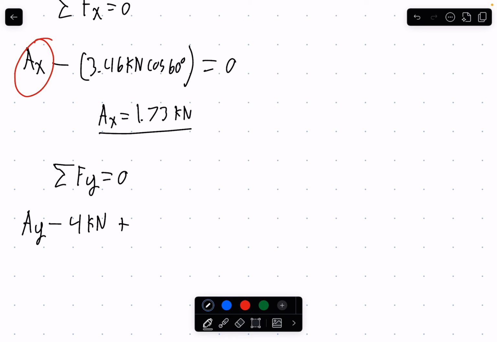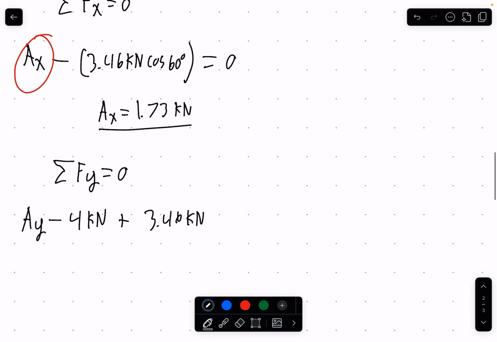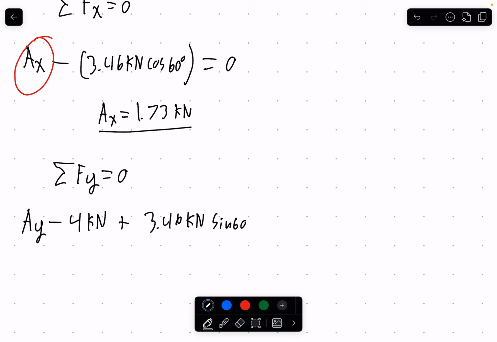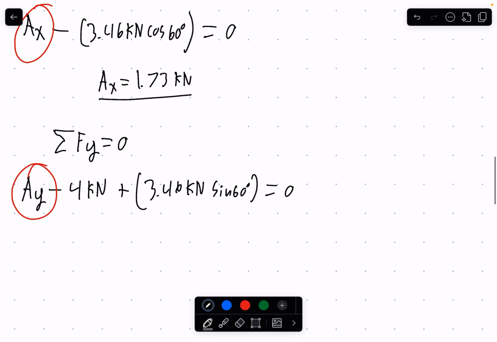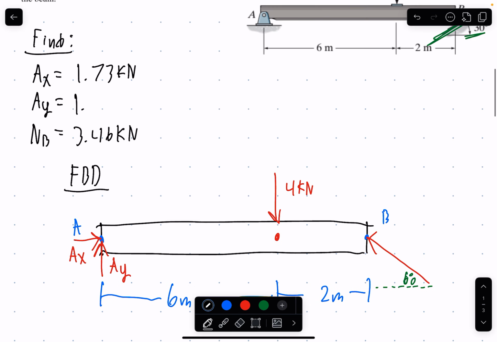And then we have the reaction at B, which is 3.46 kilonewtons, and to find that vertical component, we'll be taking the sine of 60, and positive because it's acting upward. One unknown in this equation, AY, pretty easy to solve for. You should find that AY is equal to 1 kilonewton. And that'll be your last find variable. So put it up here, we answered everything the question was asking for.